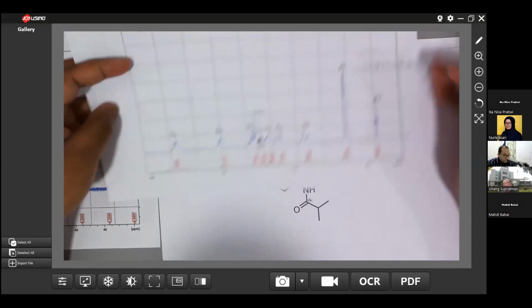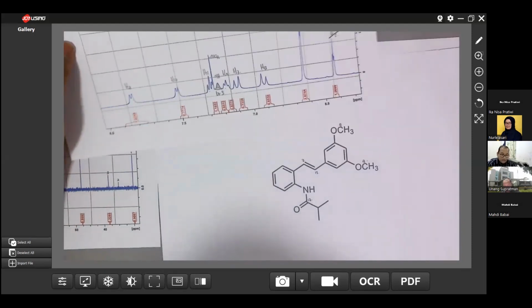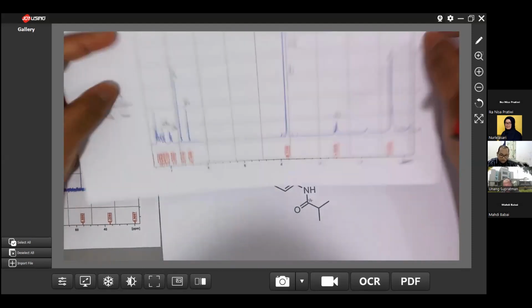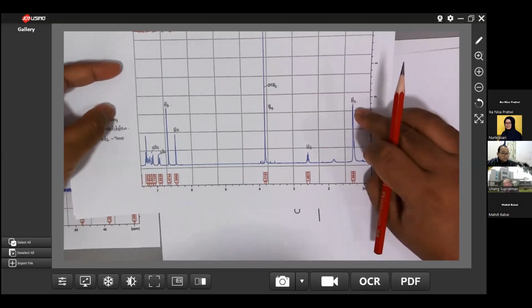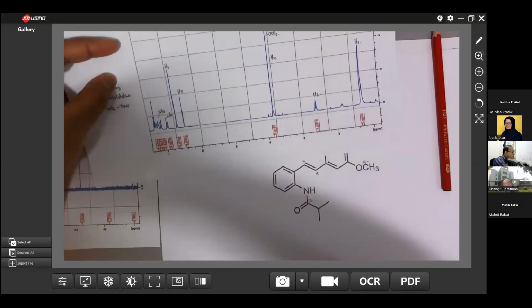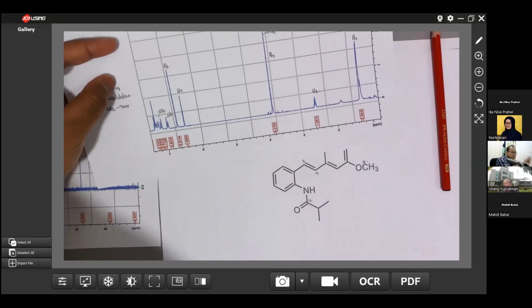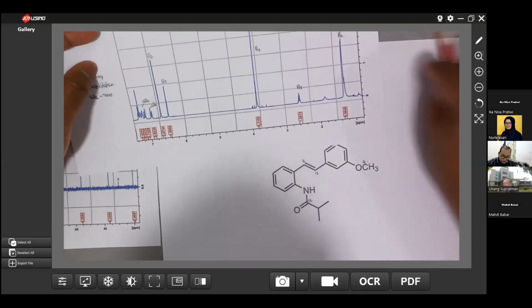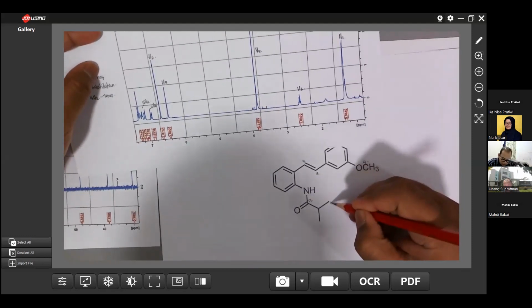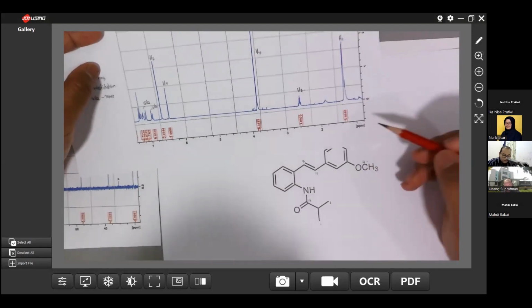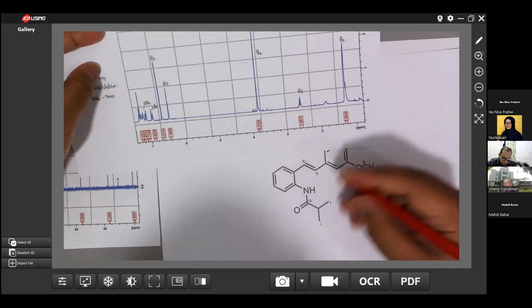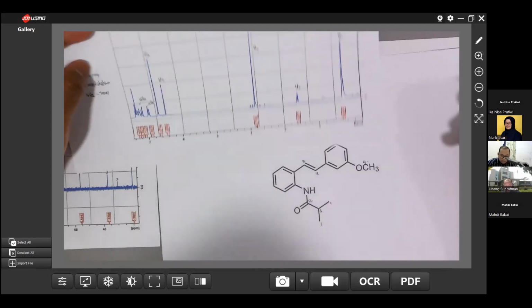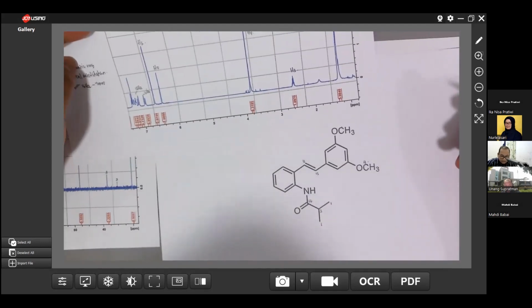We have the aliphatic regions. We have doublets here, so you can put number 1. You have multiplets here, number 3. We are like playing puzzles.